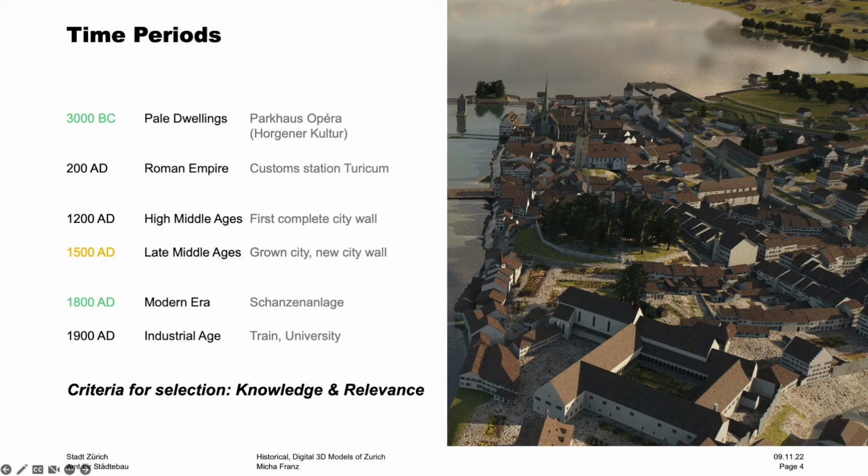Here is an overview of the different time periods. As I said, we already published the first 2 earlier this year, namely the model of the Neolithic pile dwellings and the one from 1800 with its famous protective and massive walls around the inner city. And currently we are working intensively on the period around 1500, which is planned to be published next spring.